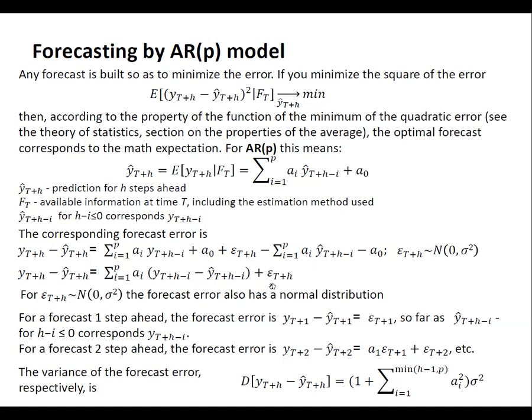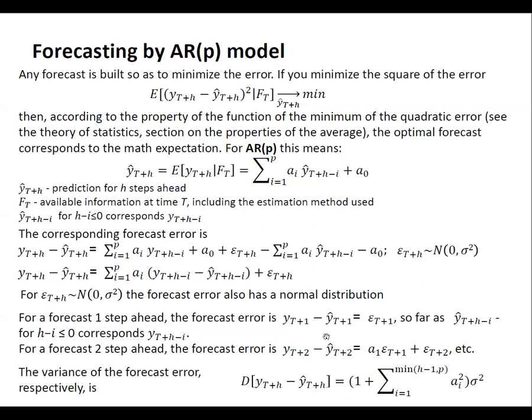This will be the autoregression parameter multiplied by the lagged error plus the error of the current forecast. Since the model error itself has a normal distribution, the forecast error for h steps ahead also has a normal distribution in this case, because it turns out that this is the sum of normally distributed random variables.